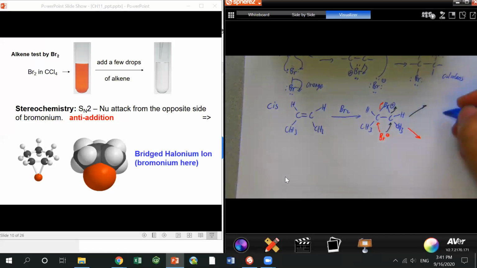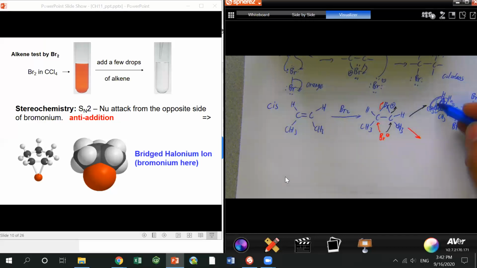One is the black one, so you get a product like this. Actually, let me draw a wedge bond here to show you the real stereochemistry. C3 and then Br, and then H, C3.